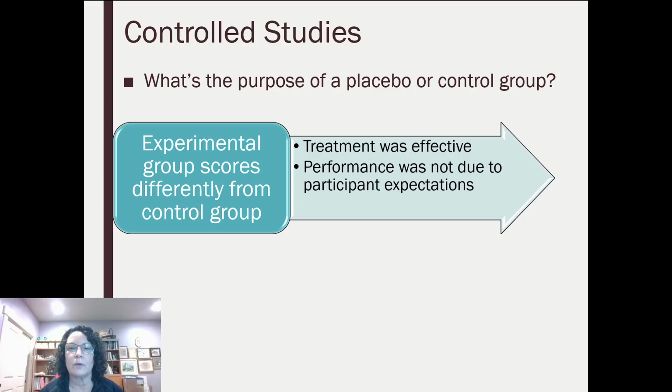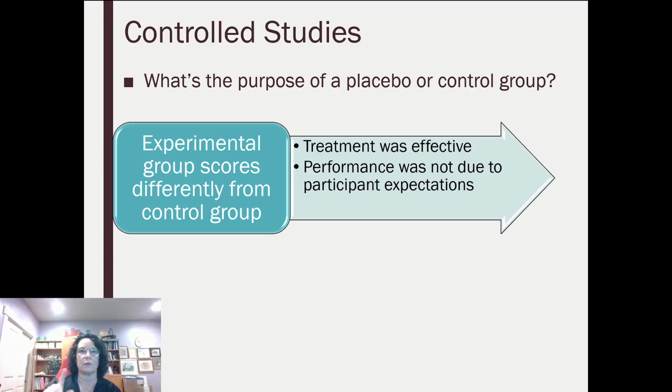And so when we see the experimental group being different, that means that the placebo wasn't powerful enough to be equal to that treatment. The treatment was meaningfully different, better, more, whatever you want to say. So when we see that difference in scores, we can say our treatment worked.